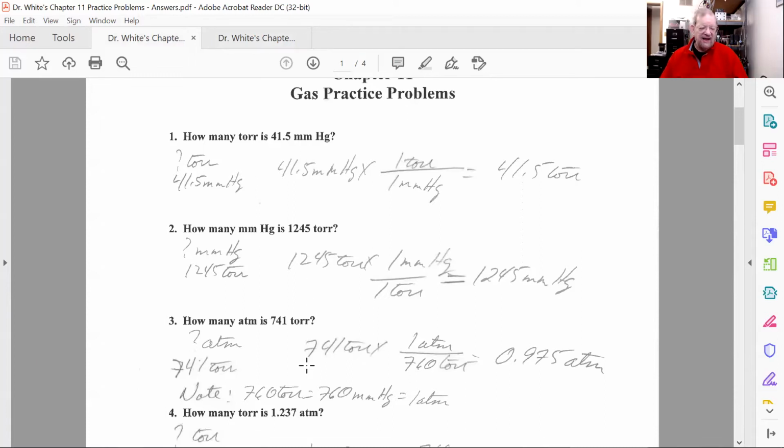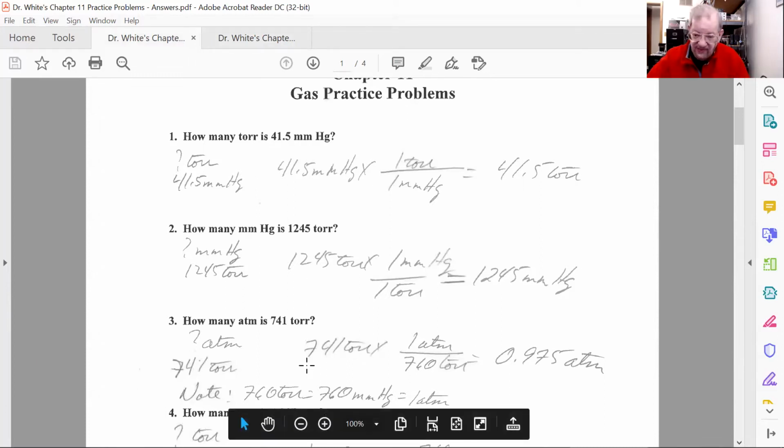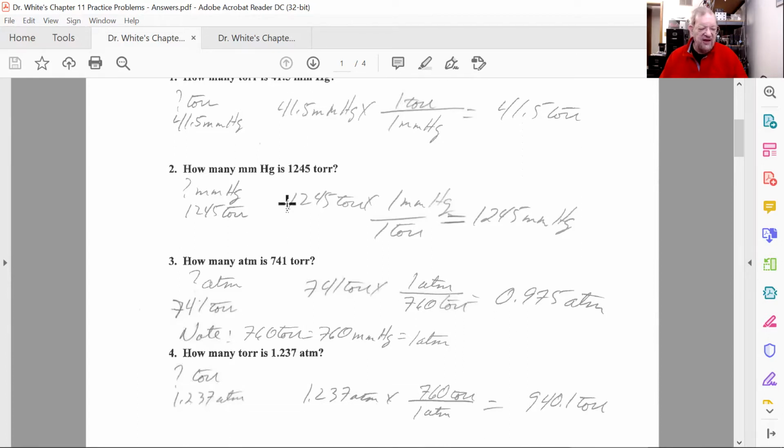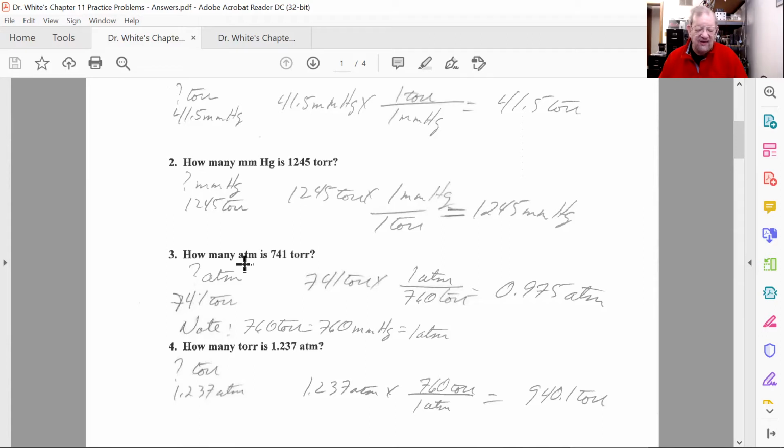As per the important information for the final exam, 760 torr equals 760 millimeters of mercury equals 1 atmosphere. So if we look at number 3, and this was on test number 3, how many atmospheres is 741 torr?